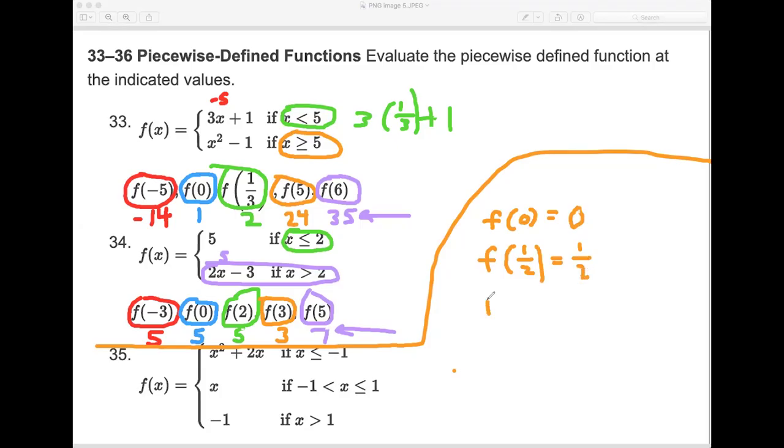If I did, say, f of -1, that would actually be the first function, this part right here, because of the equal to sign. So you'd plug in, I'll just show the work here. So -1 squared plus 2 times -1. So that's 1 minus 2, which is -1.